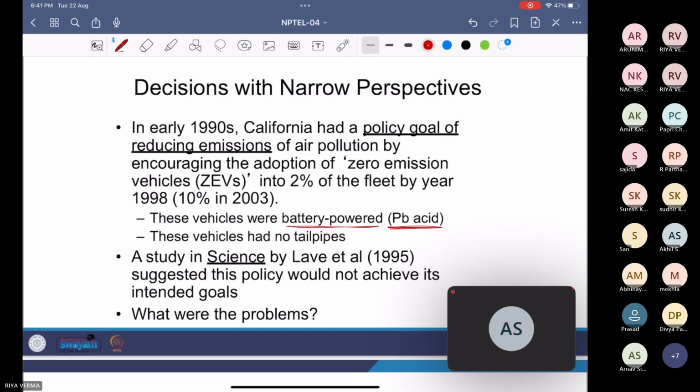We have already discussed that lead is very harmful, and apart from that, the battery needs to be charged. That means we need electricity, and more electricity means more pollution.